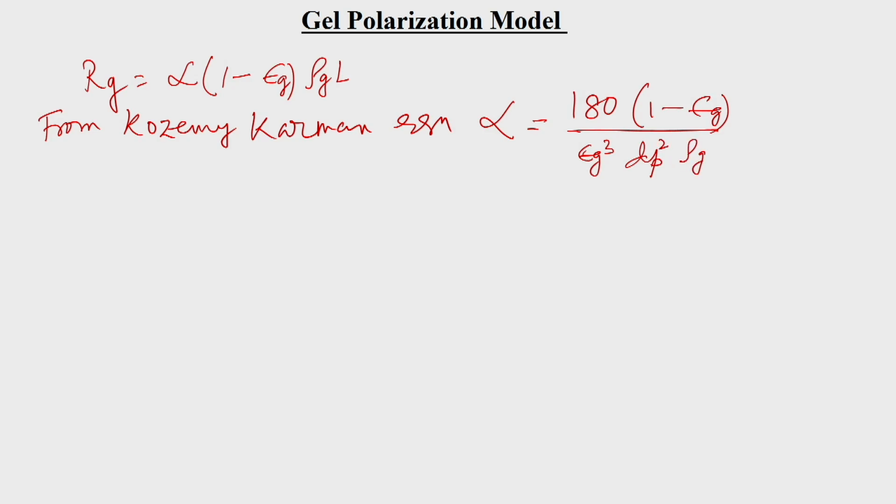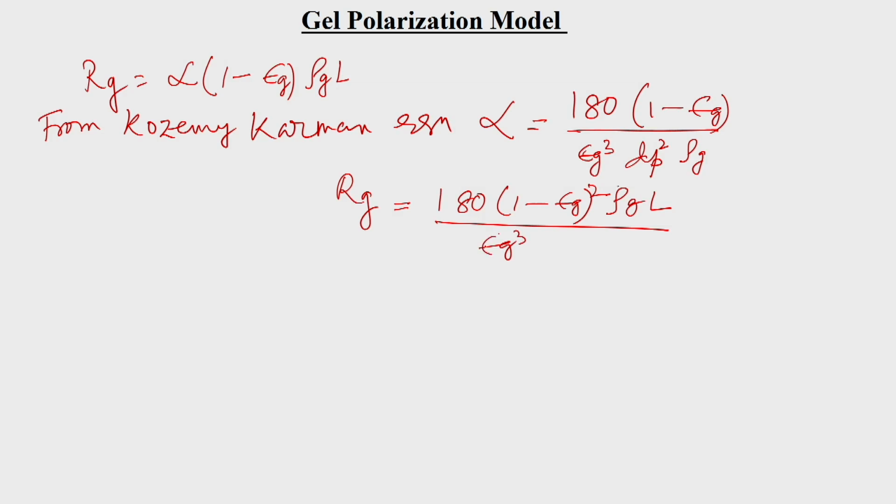Okay. And now if we put this alpha value in this Rg, we will be getting 180 into 1 minus epsilon g into again 1 minus epsilon g, that is square, into rho g into L divided by epsilon g cube and dp square and rho g, that will go.